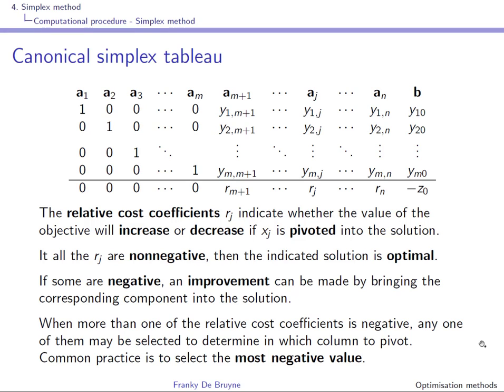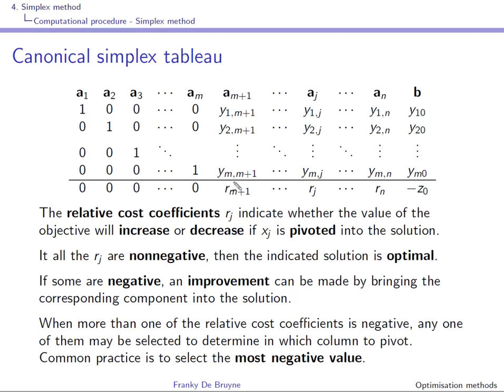Well, when you have arrived at the canonical simplex tableau, you have the so-called relative cost coefficients or reduced cost coefficients, and they tell you if the cost, the objective function, will increase or decrease if you let the associated variable xj join the base.